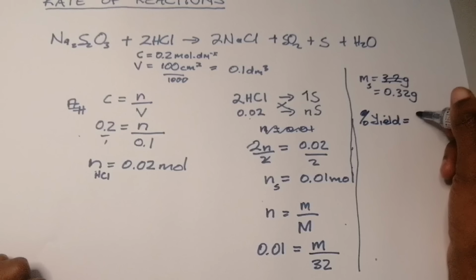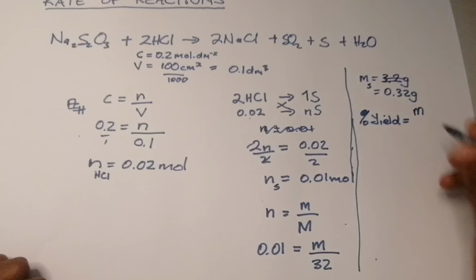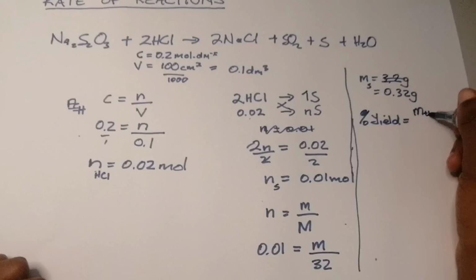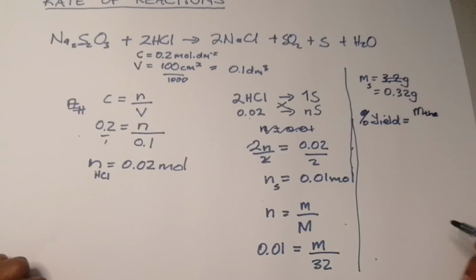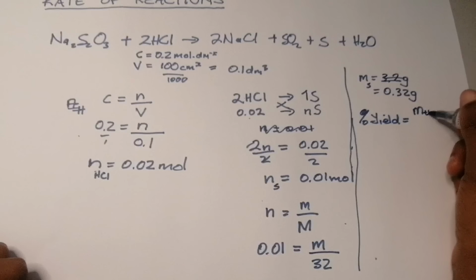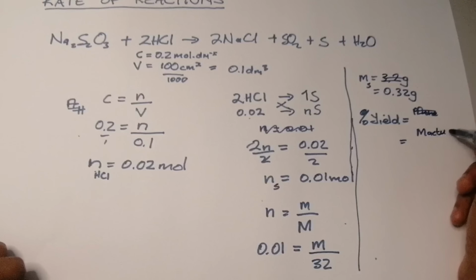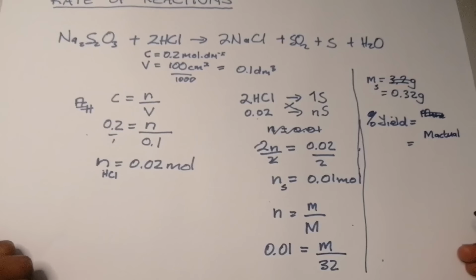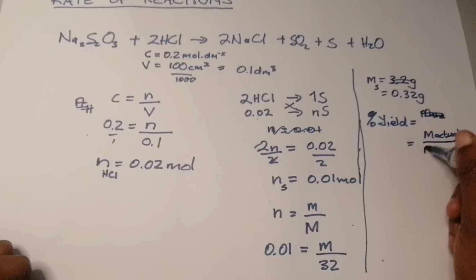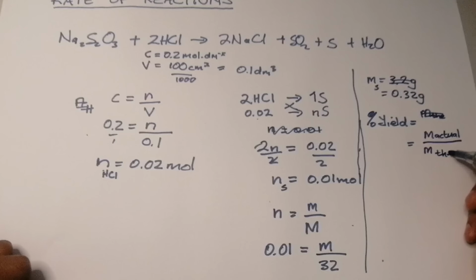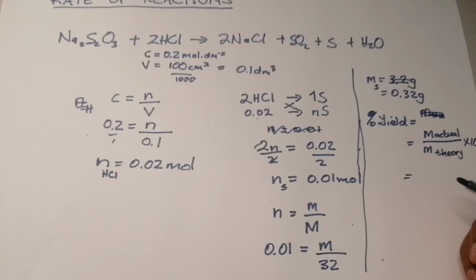We say, well, the percentage yield is going to be the mass actual, the one that we found, divided by the mass theoretical, and we multiply that by 100 to get the percentage.